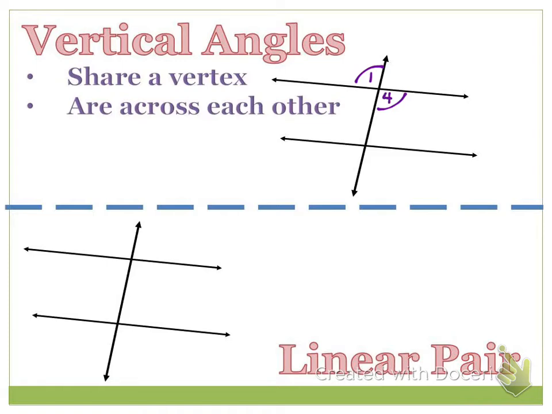Wonderful. So remember, the numbers don't really matter. If you just want to highlight the spots, then you can. 2 and 3 would also be vertical, so in a second color. 5 and 8 would be vertical to each other.